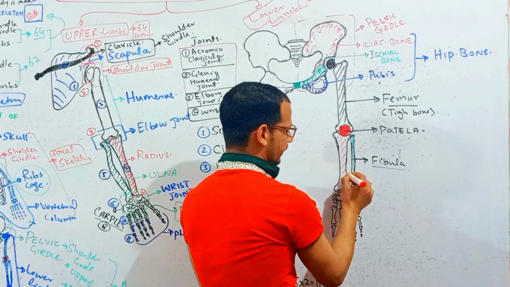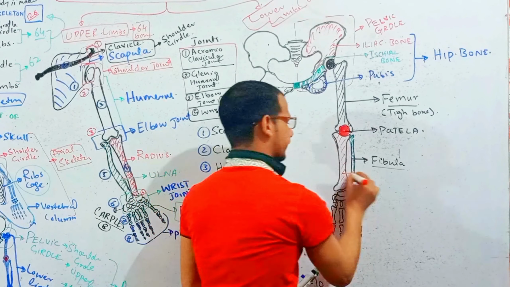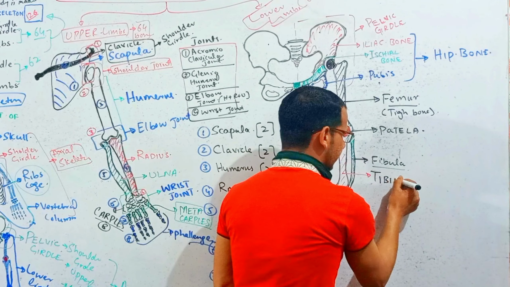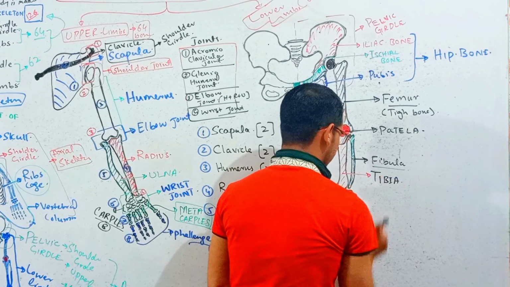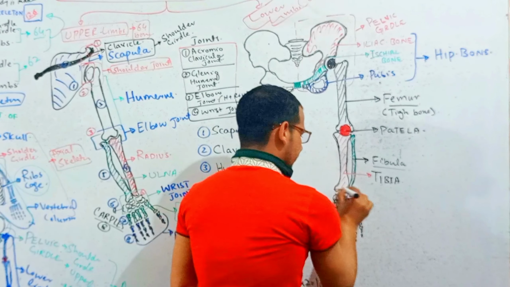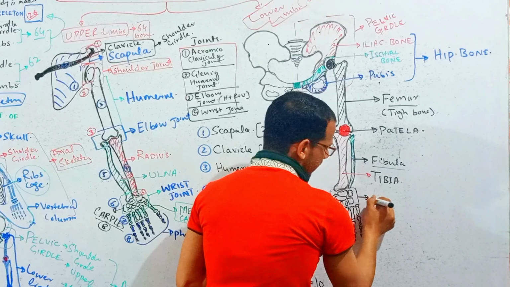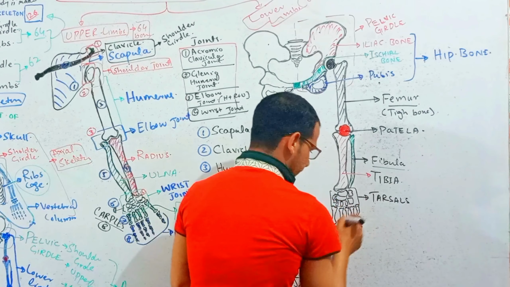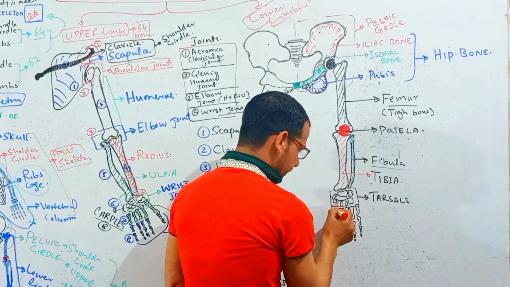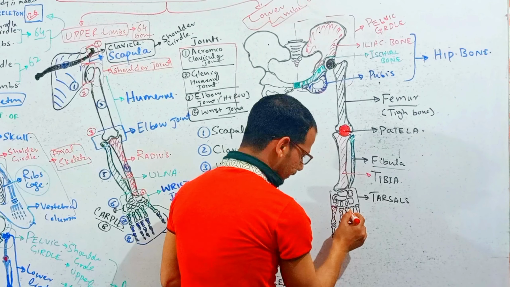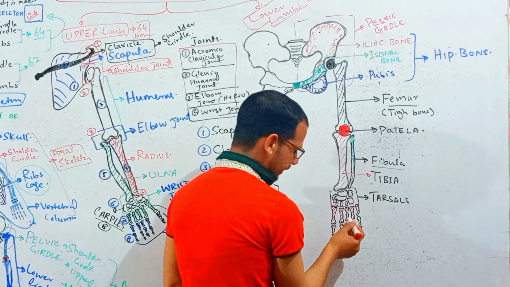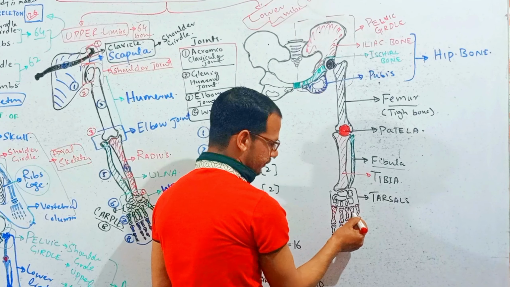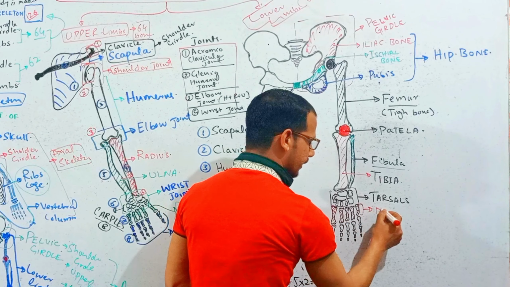This is the medial bone of the lower leg, and it is called the tibia, right? Here these bones are called tarsals, and they form the foot. I am shading these bones in red color. This is 1, 2, 3, 4, 5. We have 5 metatarsals.